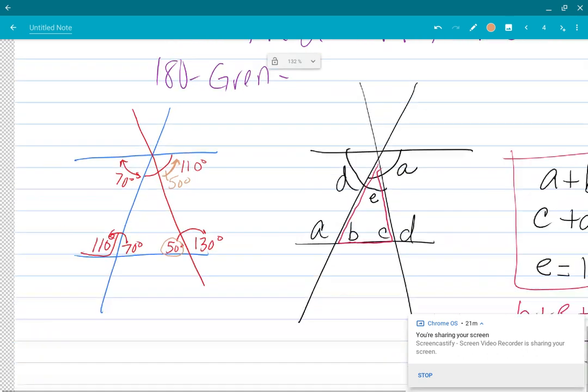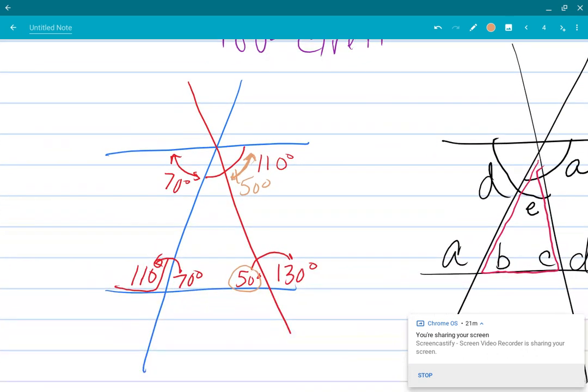Let me zoom in so you can see it. What would this little missing angle be? 60. So you're doing 50 plus 70 plus something. Now add up all three of these. What's this plus this plus this? 180. That's how it works.